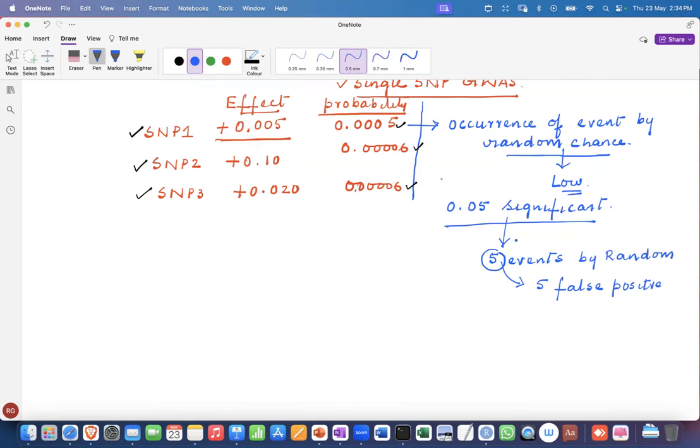Even if you consider it as 0.05, you will have 5 false positives for every SNP, because each SNP is measured individually. So you'll be having a huge number of false positives.